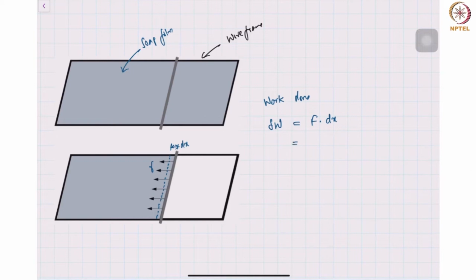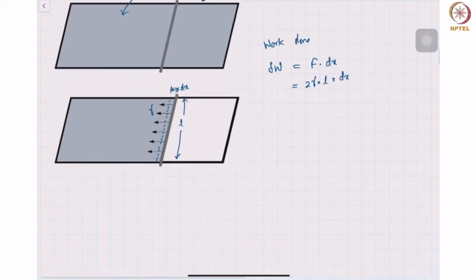And this force here would be 2 times surface tension times the length of the rod, where this is L, times dx. And why do we have 2?